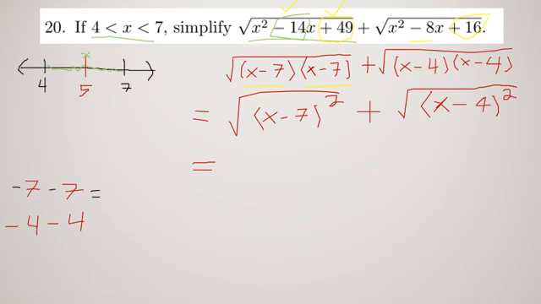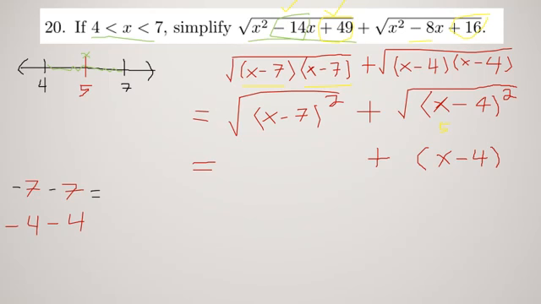Pag i-replace ko ng 5 tong x dito, 5 minus 4, is it positive? Yes. Positive, tama. So, copy lang. So, square root of x minus 4 squared, magiging x minus 4. Kasi, bakit? Positive si x minus 4 if x equals 5. So, okay? That's very obvious.